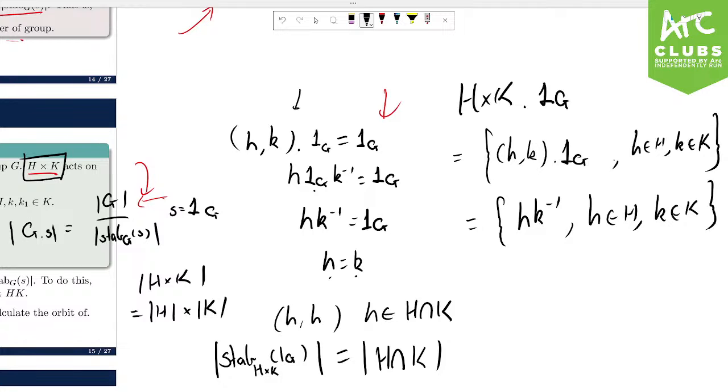So this is just the set of anything in H times the inverse of anything in K, but because K is a subgroup, it's closed under inversion. So k inverse can actually be anything in K. What we have here is just anything in H times anything in K, so this will be the set HK.